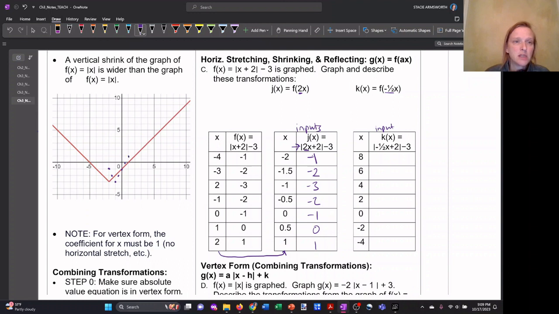So this is the shape of my graph. And coming out here a bit further, my graph looks like this.